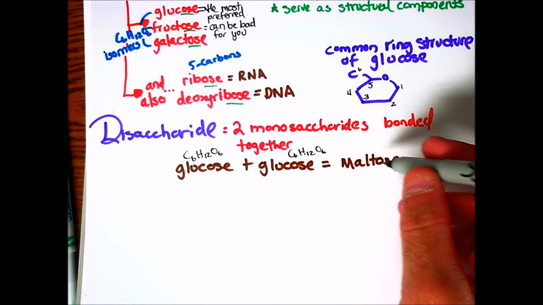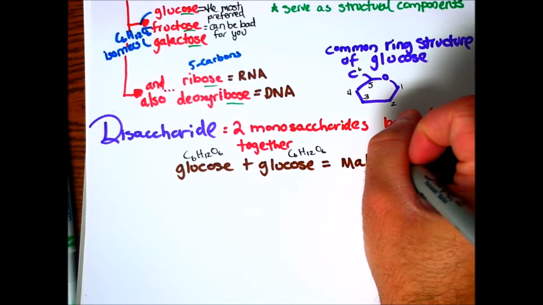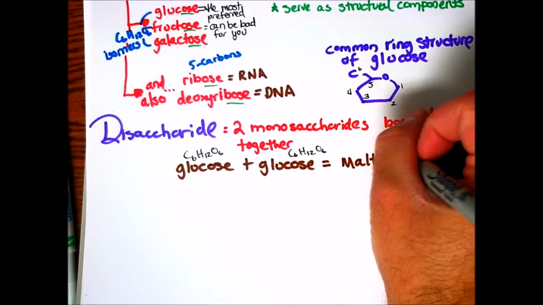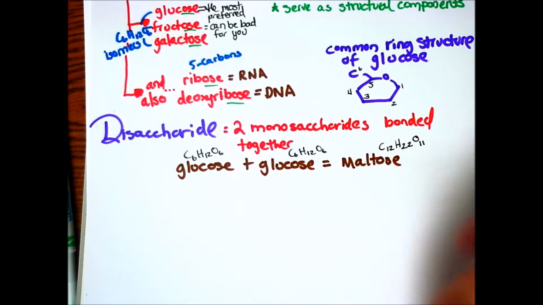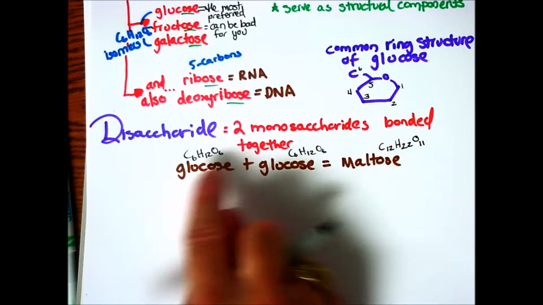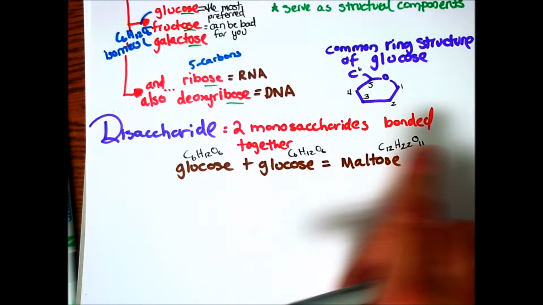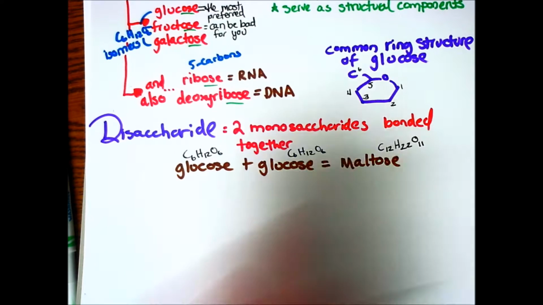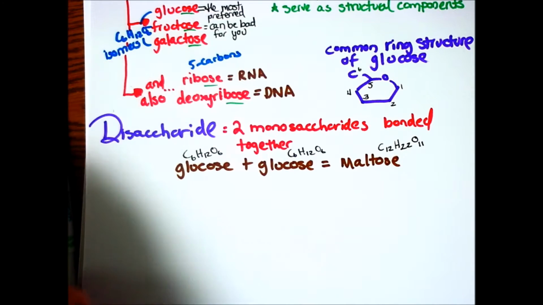So what would the formula for maltose, therefore, be? It's definitely C12, and then O11. And the reason it's not H24 is because you have to remove an H2O. It should have been 12 O's, but it actually is 11 because you removed a water molecule. So maltose, a glucose and a glucose combined.